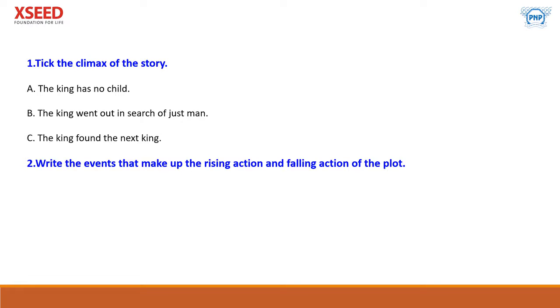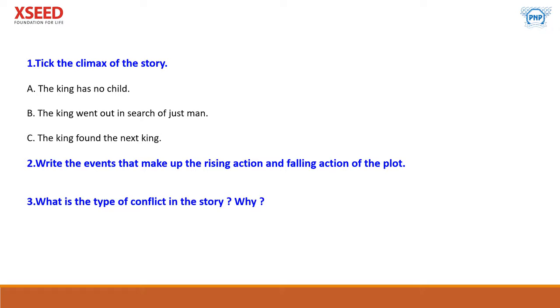Second, write the events that make up the rising action and falling action of the plot. So you have to write the points which come under the rising action category, and the points which come under the falling action category of the plot. I hope you understood it very well. Already we have seen these things in the second, third and fourth learning plan.